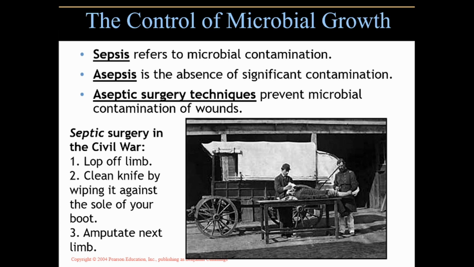You would literally just wipe the saw or the knife against the sole of your boot, or a leather apron that they would wear, or your coat, and then move on to the next person. So much disease was transmitted this way, so many bacteria from one soldier to the next. And so sepsis was just rampant among these poor individuals.